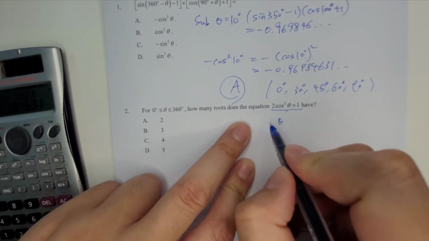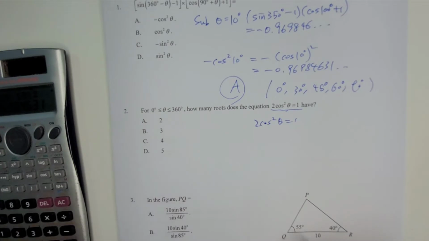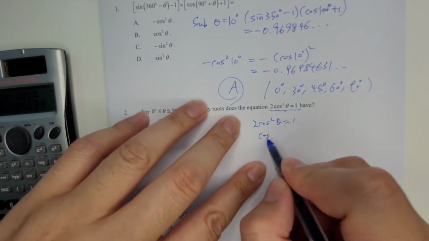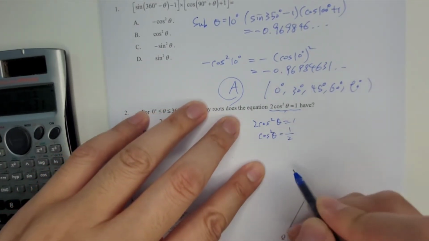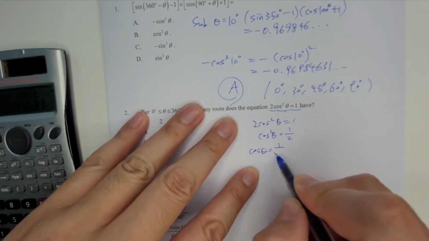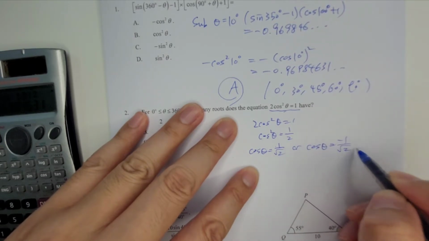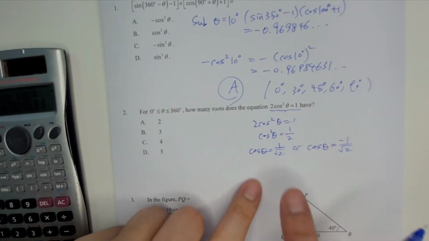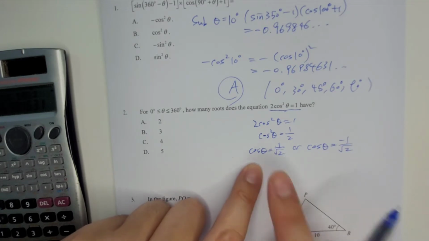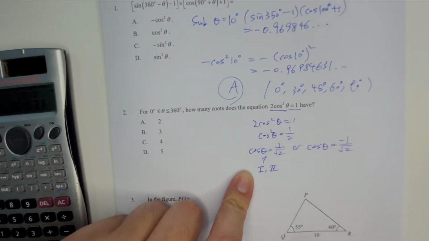So let's solve this one by one. 2 cosine square theta equals 1. So cosine square theta is 1/2. So cosine theta will be positive 1 over root 2 or negative 1 over root 2. If cosine theta is positive, that means it lies on the first quadrant and fourth quadrant.